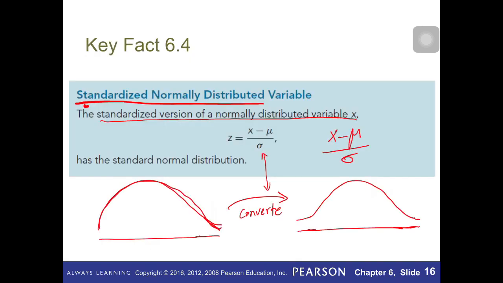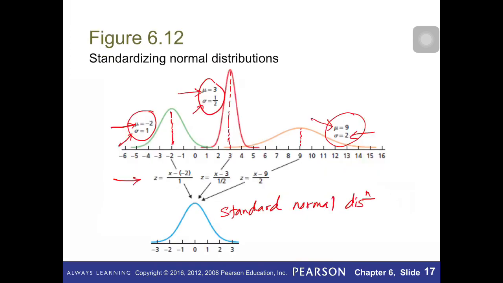Do you remember this formula? They have mentioned the same formula: x minus mu divided by sigma. Here mu is negative 2 and sigma is 1. So in each case you can use its own mu and sigma and convert it to a standard normal distribution.